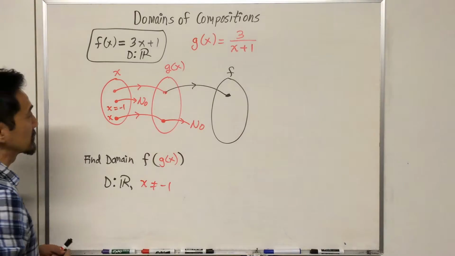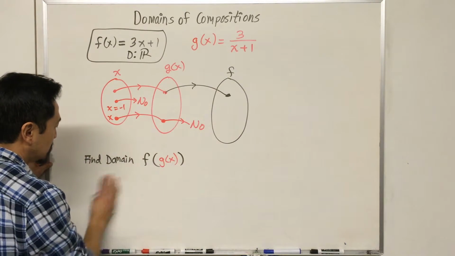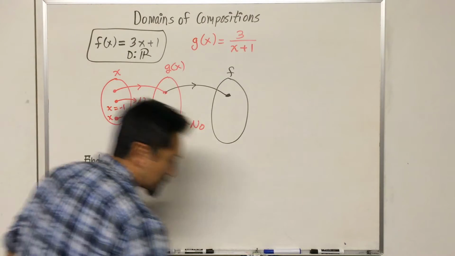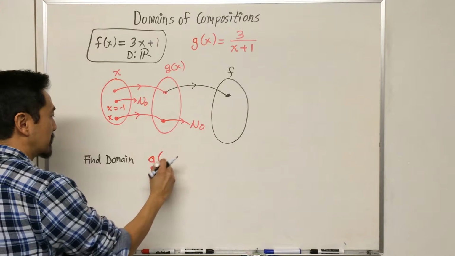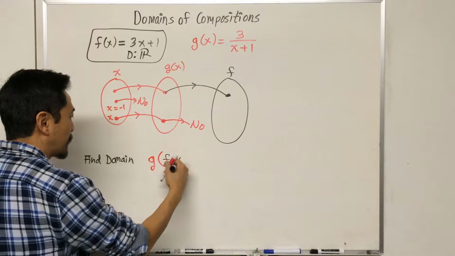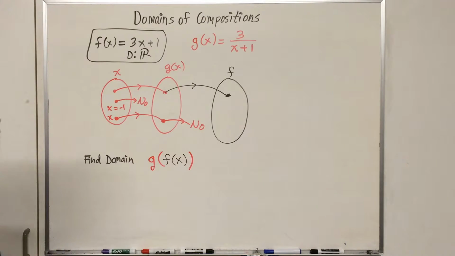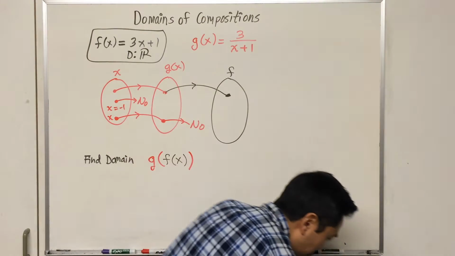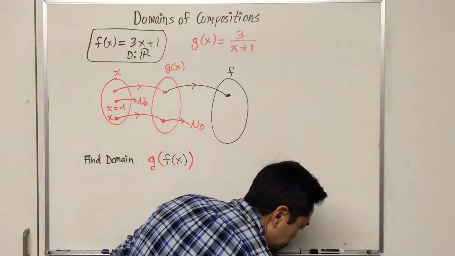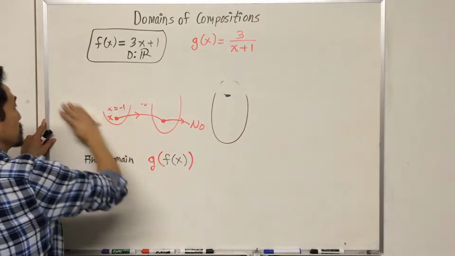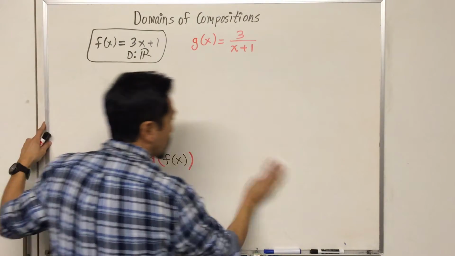Why don't we now reverse this? Using those two functions up above, let's now reverse the order of f and g. Let's put g on the outside now, and f on the inside, and then try to find the domain. Okay? So that would change our diagram here. Wouldn't you agree? Let's go ahead and erase this real quickly. Okay.